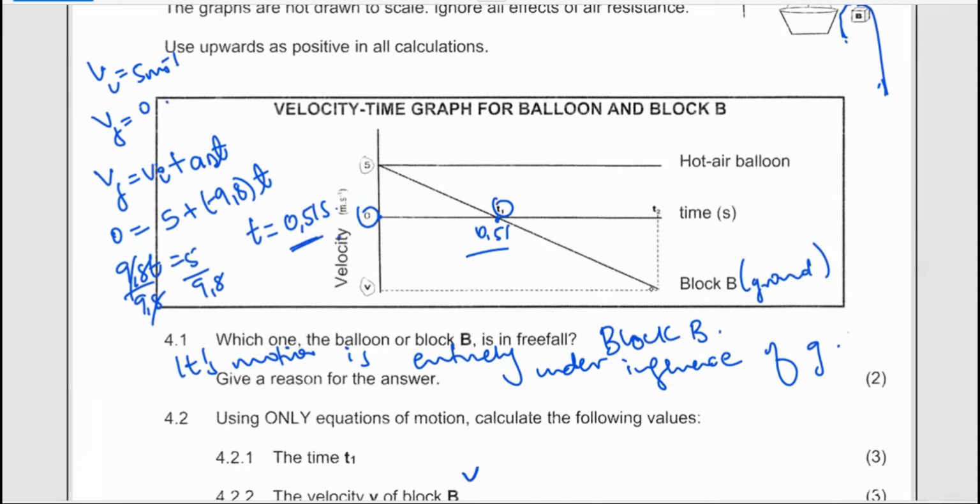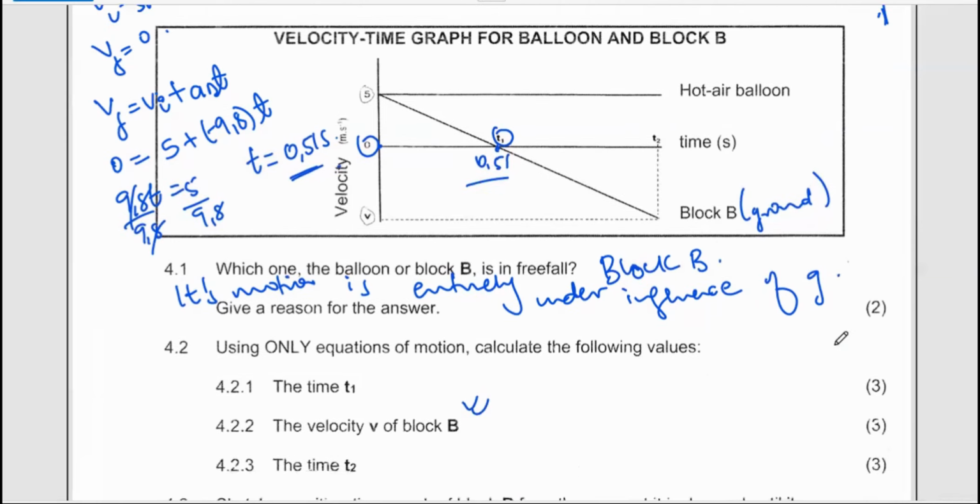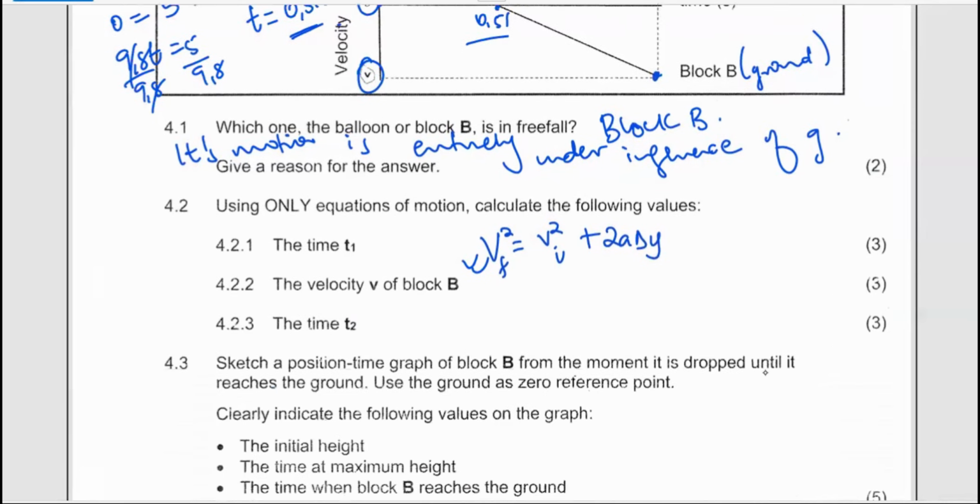All right, if that is 0,51 seconds, what's the next question? They want us to get the velocity V of block B. Velocity V is the final velocity when the block hits the ground. So I can use the formula VF squared is equal to V initial squared plus 2A delta Y, or delta X. Then let's do the substitution.